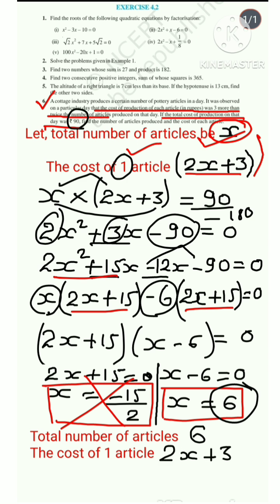Now just put the value of x, 2 into 6 plus 3. Now 2 sixes are 12, 12 plus 3 is 15. In this way we have obtained the cost of one article is 15 and the total number of articles is 6. This is our final answer.